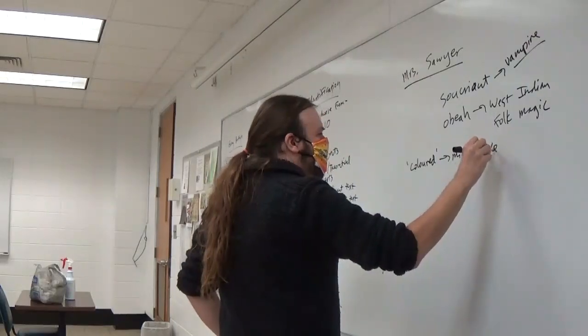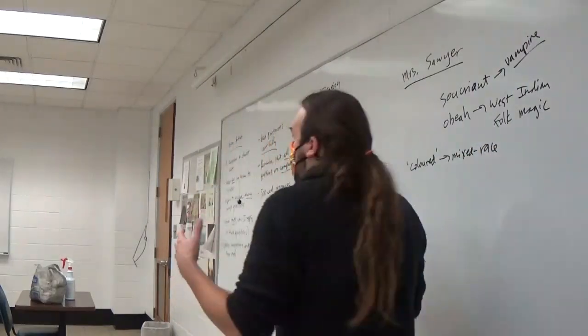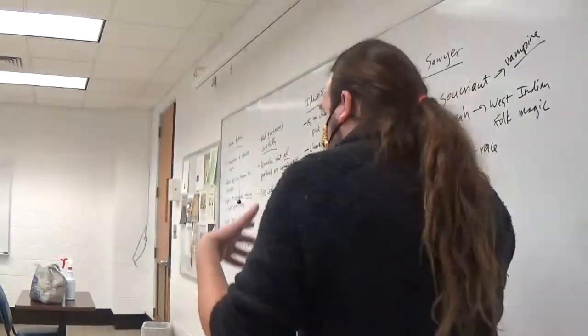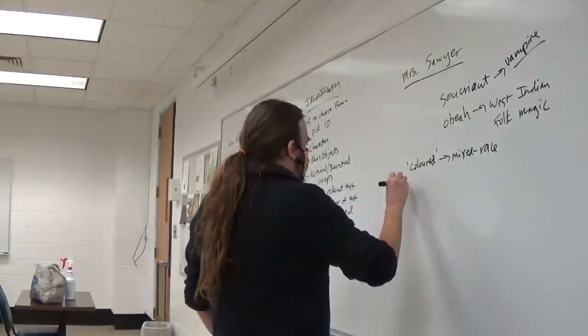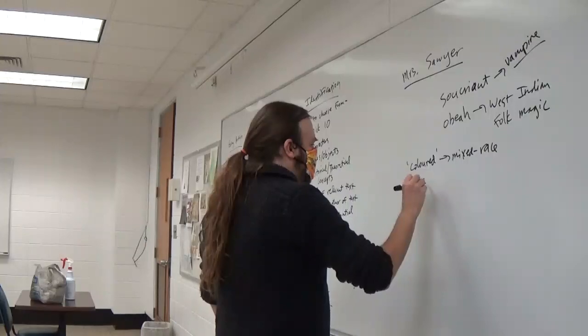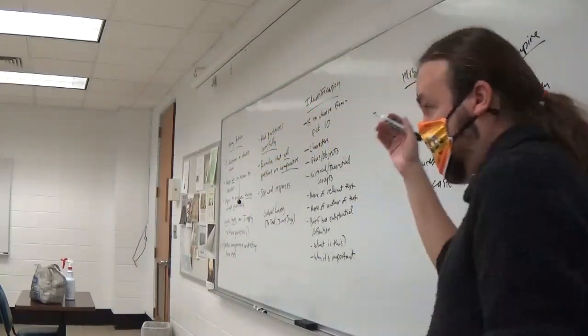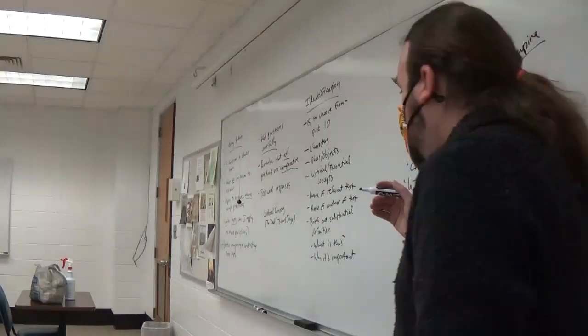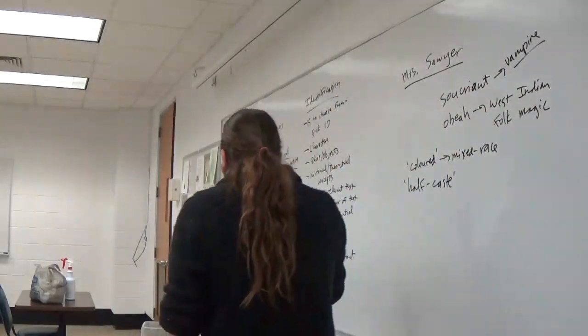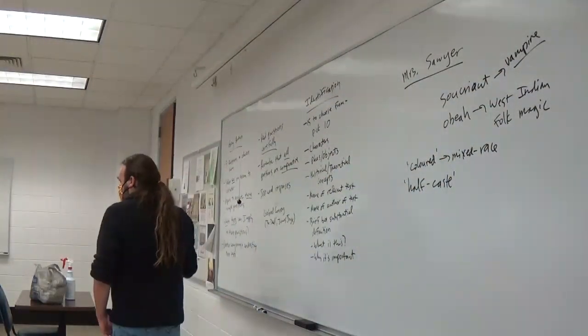Usually, in British colonial contexts, if someone is described as colored or as half-caste, being the derogatory term, it means that they are mixed race.